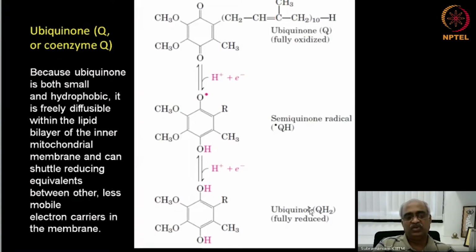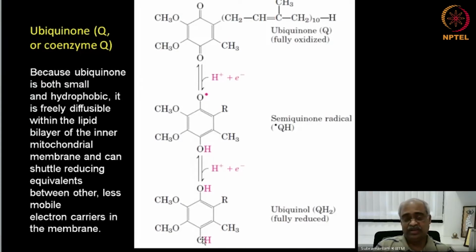Because of its ability to accept one electron at a time, it helps in bridging molecules that donate 2 electrons or 1 electron with molecules that accept 2 electrons or 1 electron. It can bridge them readily. If a molecule gives 2 electrons at a time, ubiquinone can accept them to get fully reduced.